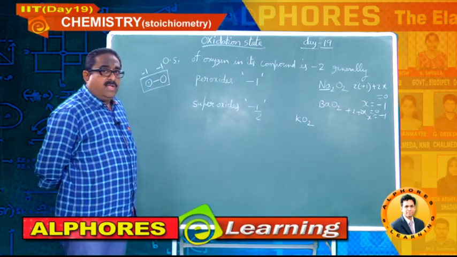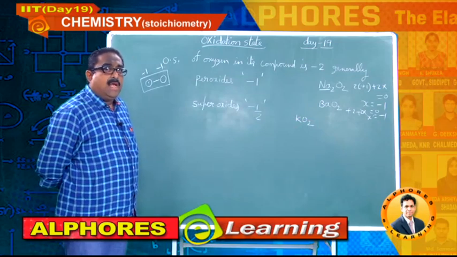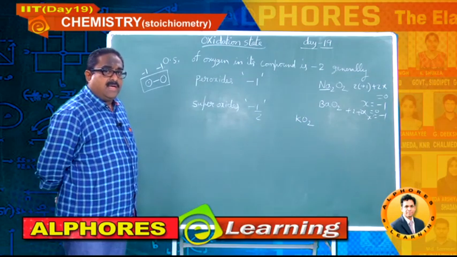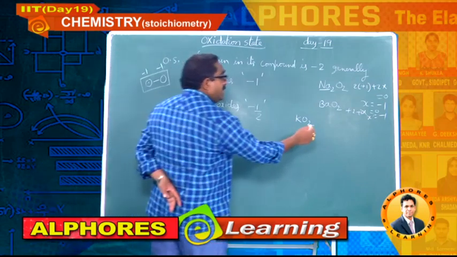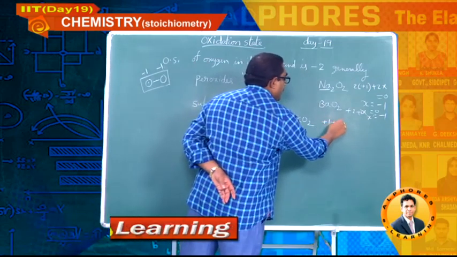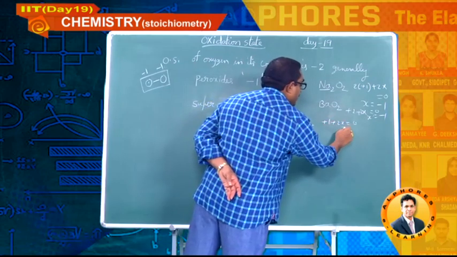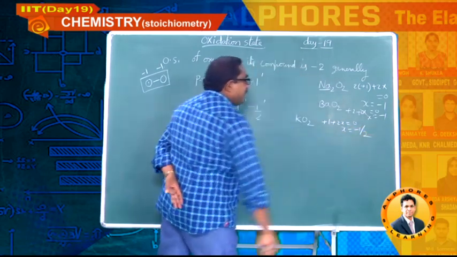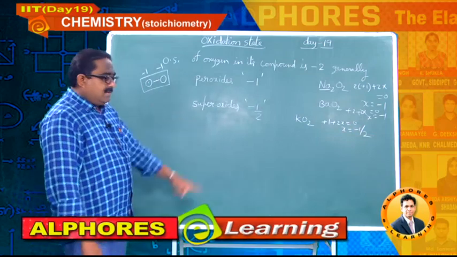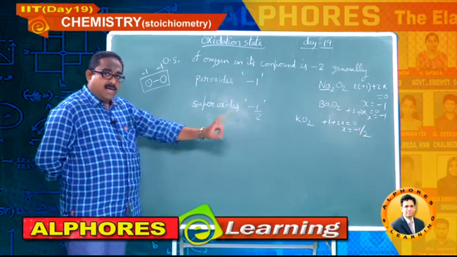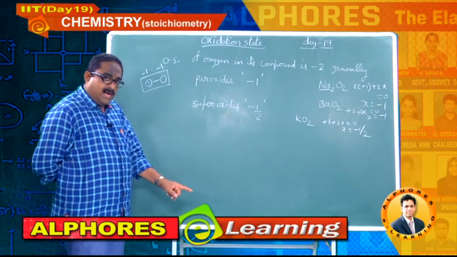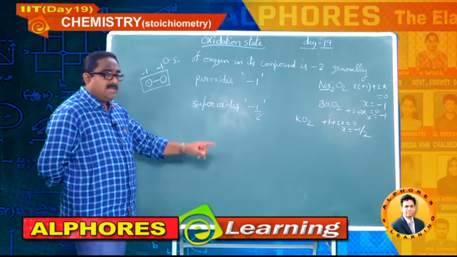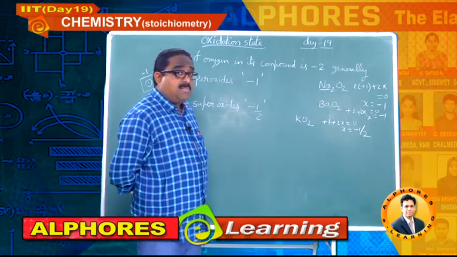The moment you see KO2, blindly you can fix the oxidation state of potassium because it belongs to the alkali metals. So you can write +1 plus 2x equals 0, which implies x equals minus a half. So the given oxide is a superoxide, not a normal oxide and not a peroxide, because the oxidation state of oxygen is minus a half.